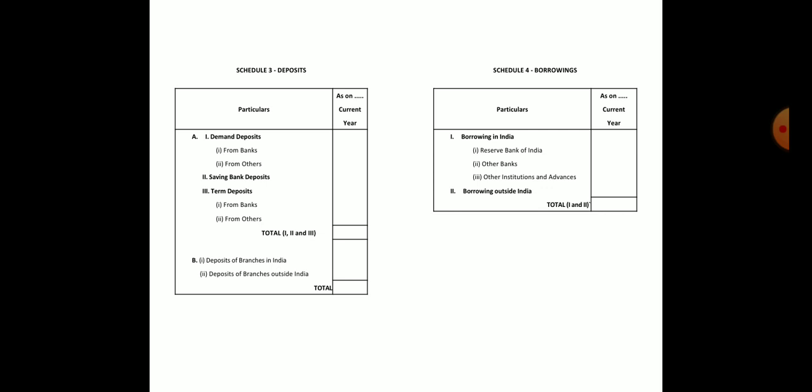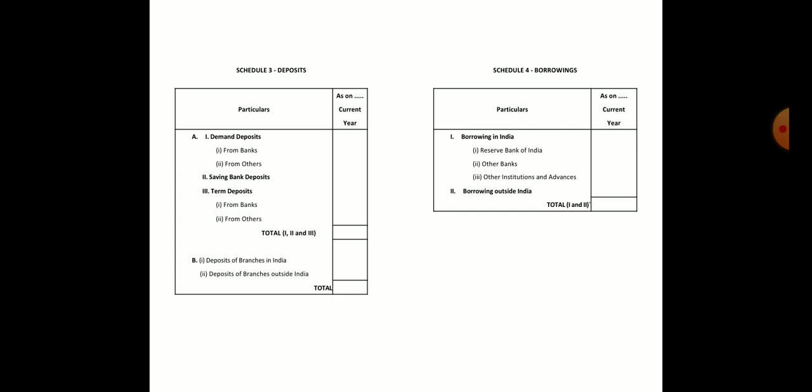Then for B, deposits of other branches in India and deposits of branches outside India. If we add all the points, that comes as deposits. Schedule 4, borrowings in India and borrowings outside India.